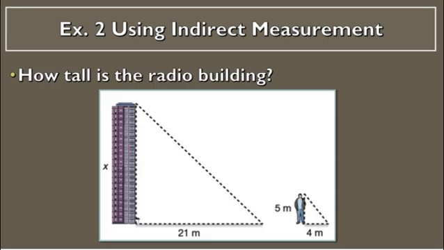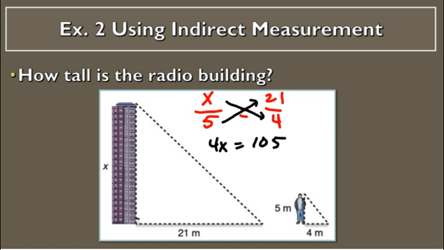Next one. How tall is the radio building? So the height of the radio building to the height of the person is x to 5, as the shadow of the building is 21 to the shadow of the person, which is 4. And I can cross multiply, so x times 4 is 4x, 5 times 21 is 105.